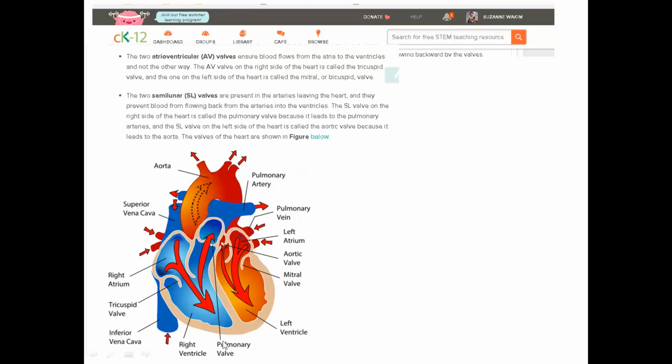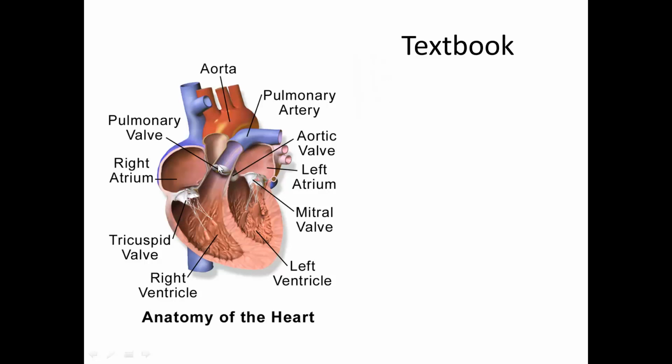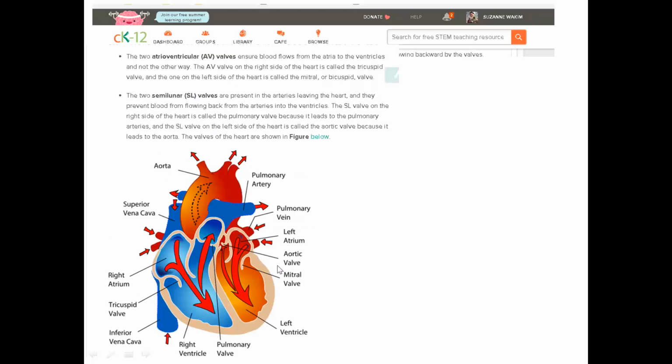And again, notice these have different names. Pulmonary valve in the system going to the lungs, aortic valve in the system going to the aorta. And they're a little hard to see here, but if you go back to this picture, here's the pulmonary valve, here's the aortic valve. And these are called semilunar because you see how they have these kind of half moon shape? Semi, right? Half, lunar, moon. So that's where those terms come from.